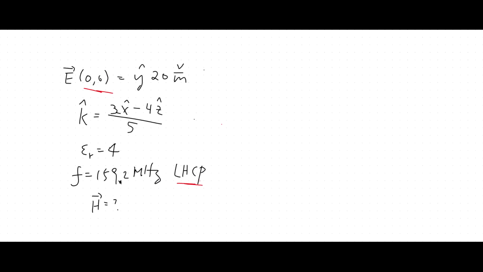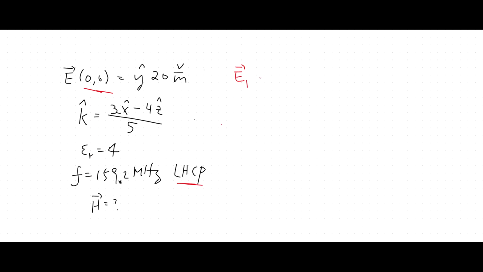The 1 is the cosine term, the 2 is the sine term. When t is equal to 0 at the origin, we only see E1 or H1. We don't see the sine. Sine 0 is 0. So from here, I can write E1 for any time t at any position.